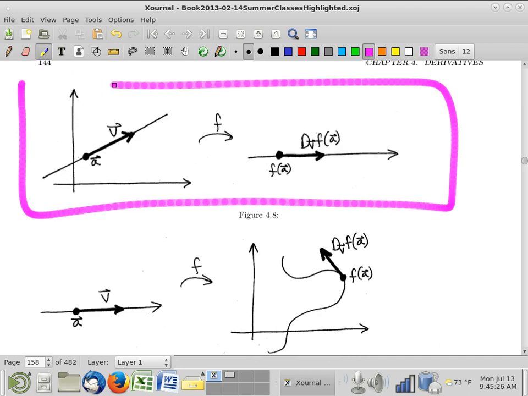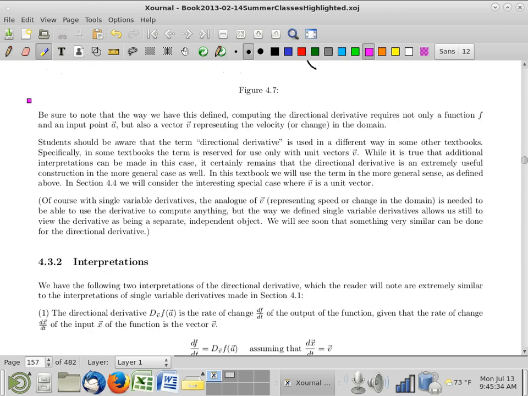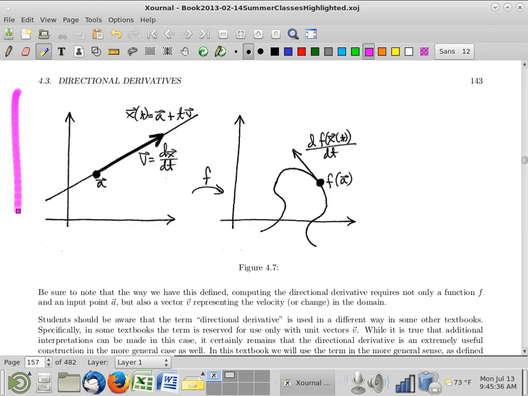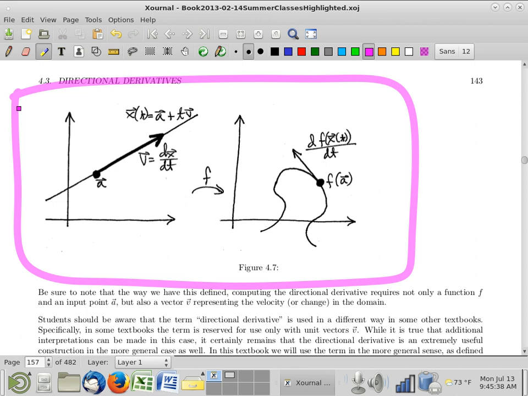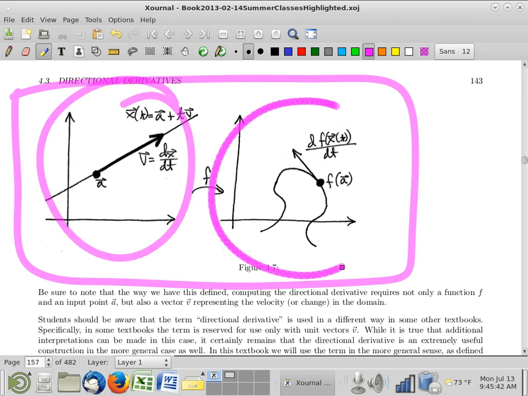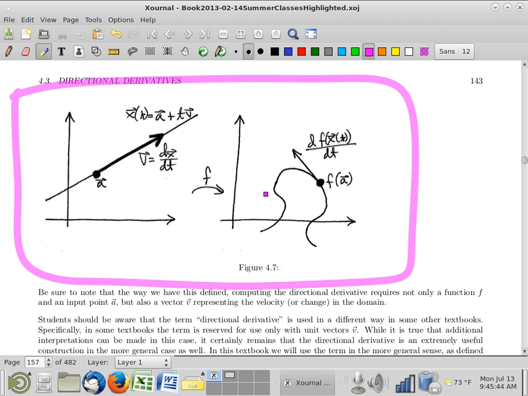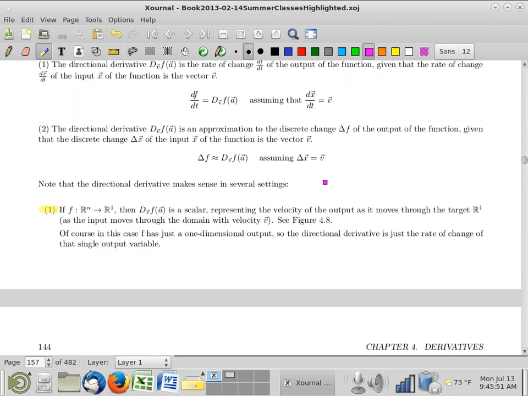Let's look at this picture here. This is what the directional derivative construction looks like if you're talking about a real valued function. Now recall that when we wrote down the directional derivative, here was our sort of initial picture. And we were considering where not only are there multiple input variables, but there were multiple output variables. And so we interpreted the directional derivative as a vector in the target space. And that's true here as well.